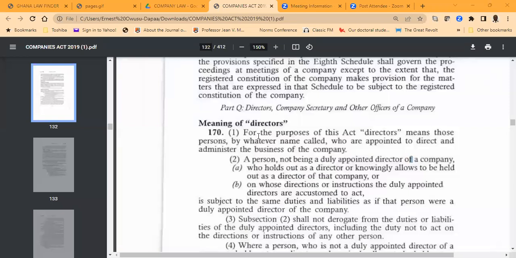Good. So if you look at the Schedule 1, you notice that in terms of the definition, it has referred us back to section 170.